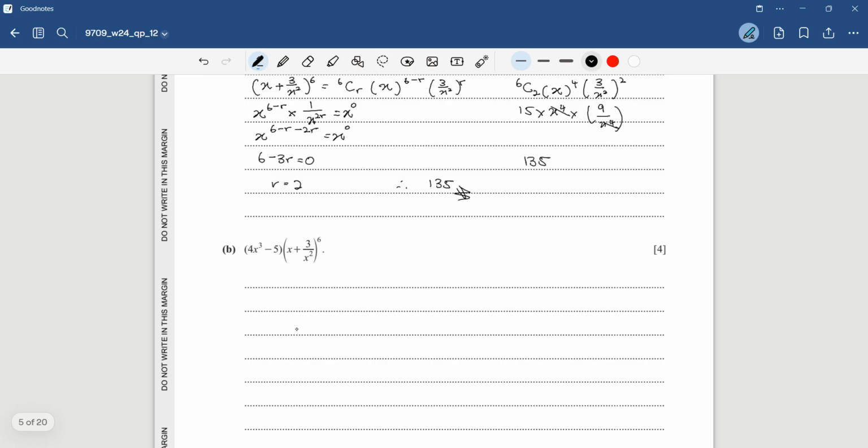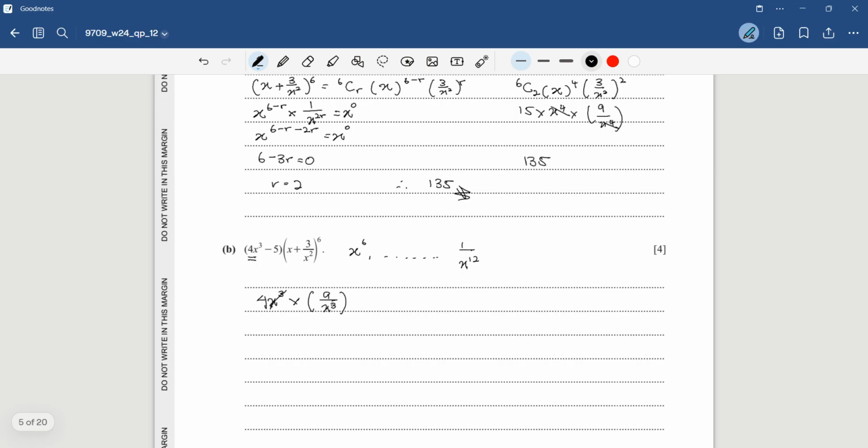Okay, and for b, the question asks you to find the independent term of this function. So if I expand this, I'm supposed to get x power of 6 all the way until 1 over x power of 12. Okay, so I'll get all these terms. If I want to get an independent term, it is 4 times x power of 3, multiplied by a over x power of 3.